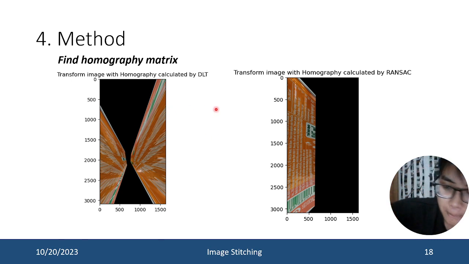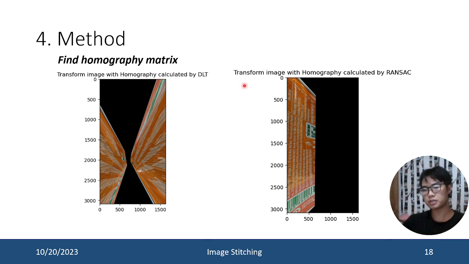To find the homography, I have two pictures using the direct linear transform. It gets a bad result. The two images can stick together, but when they are unwrapped, the figure is very bad.